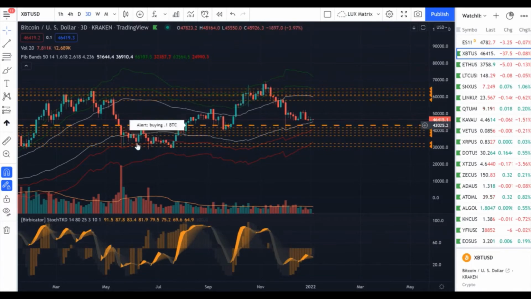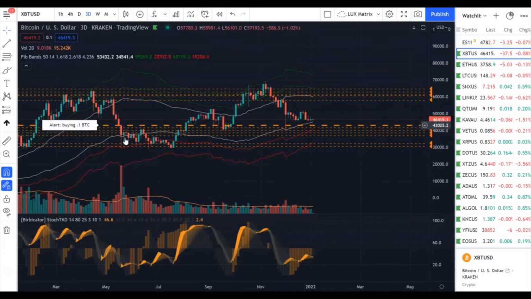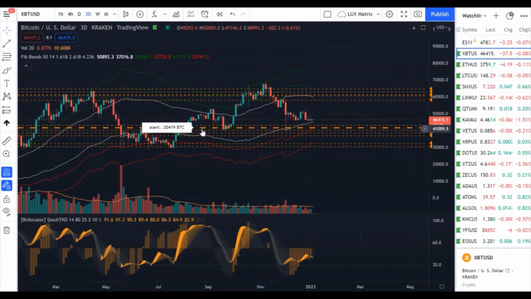But this fib band is kind of channeling along because we've been in a price range for a while now. So we're in a channel. Something's going to happen one way or the other. It's going to break to the upside or break to the downside. So we will have to hope and pray that it goes to the upside, because I'm tired of seeing Bitcoin trending down. That's no fun for anybody.